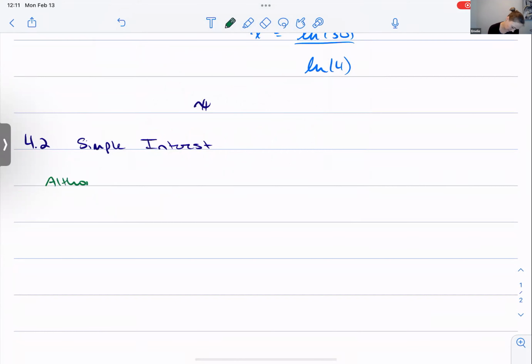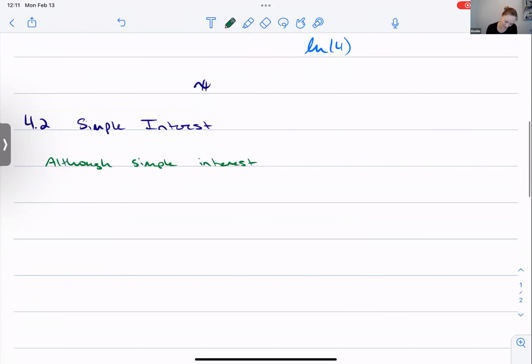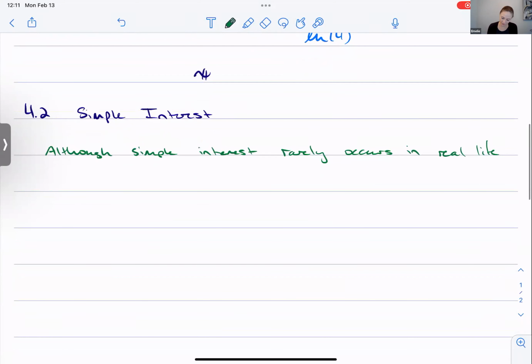So although simple interest rarely occurs in real life, we use it to introduce these concepts, in kind of the most basic sense.